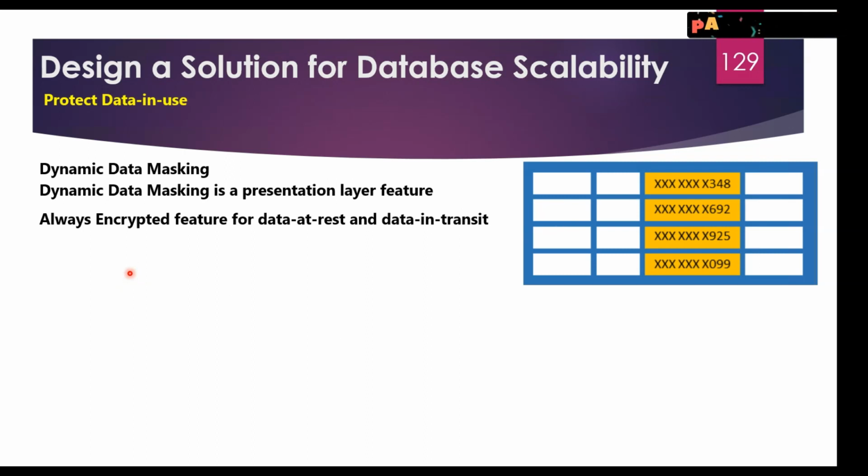We also have the Always Encrypted feature, which protects data at rest and data in transit so that it is fully encrypted. Let's separate the Always Encrypted feature here. It is designed to protect sensitive data stored in specific database columns from access, for example credit card numbers or national identification numbers, or your confidential information.